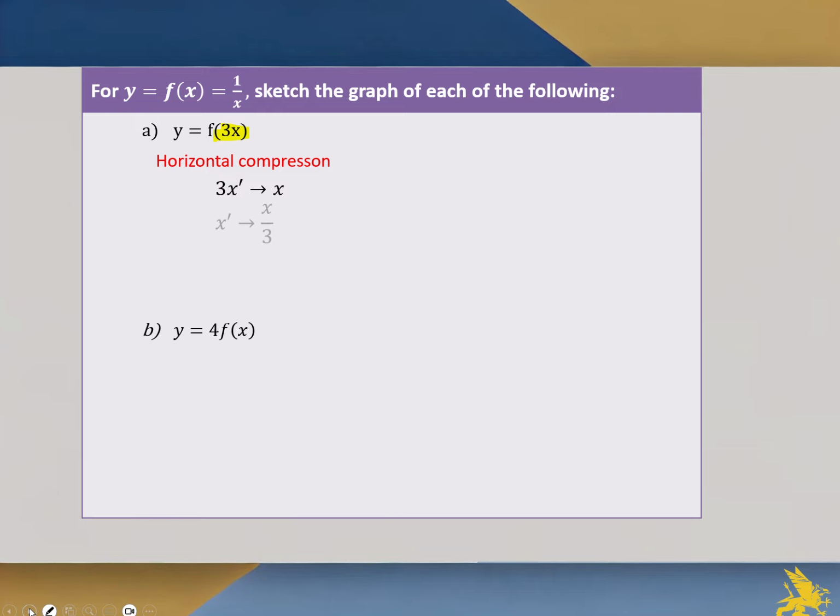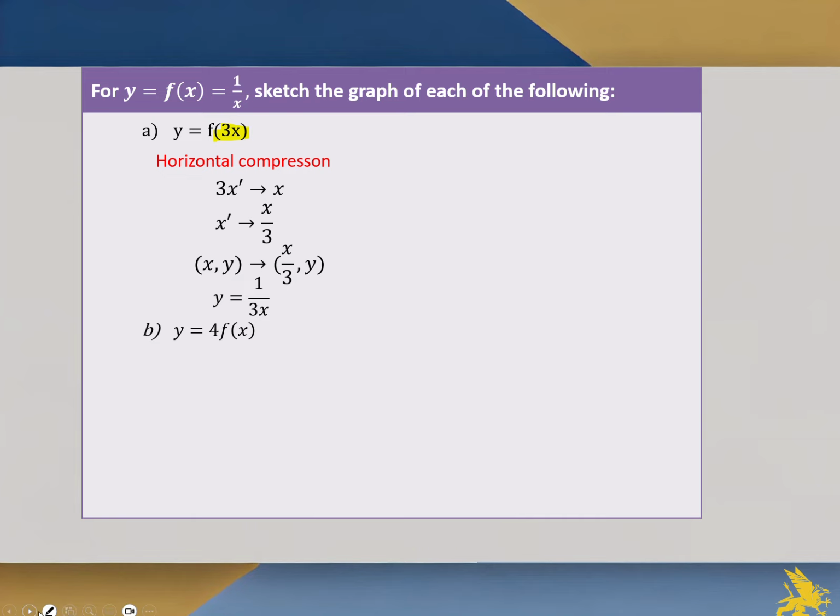So that new x value will turn into x over 3. That's my new point. I'm going to write it with the equation by substituting the 3x in. And it's going to turn into y is equal to 1 over x, so 1 over 3x. Let's look at this in terms of the graph.